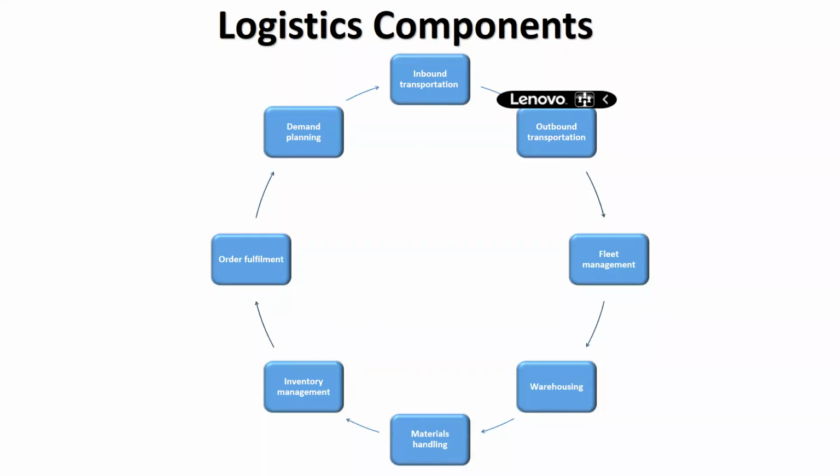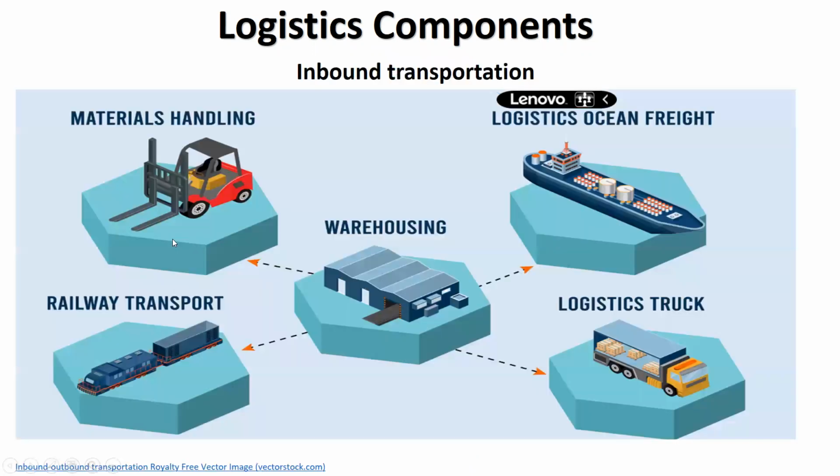We have inventory management, order fulfillment, and demand planning. These are the components of logistics. So if we talk about inbound transportation, like I said, if we have vessels bringing containers to the port, we classify that as inbound transportation.